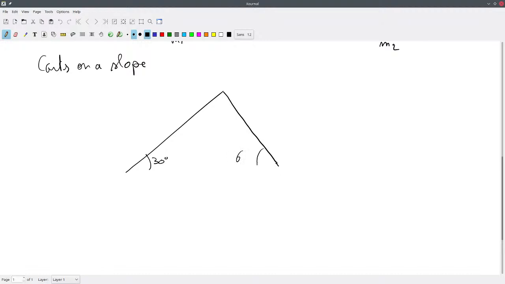I'm not going to use the angles. I'm only going to use the fact that this is going to be a right angle. If that's a right angle, it makes the problem a little bit easier. So I'm going to put this mass m1 here, and then we're going to have our pulley and then our mass m2 is over here.